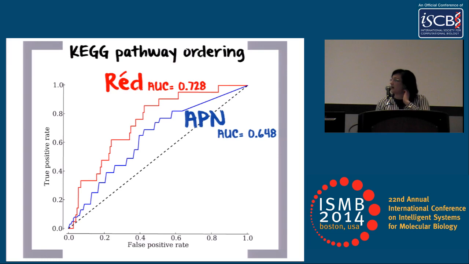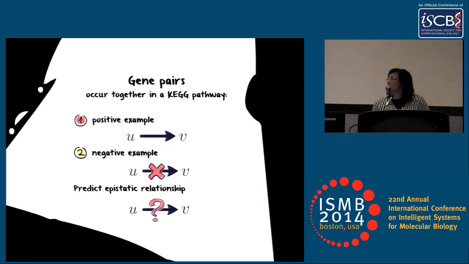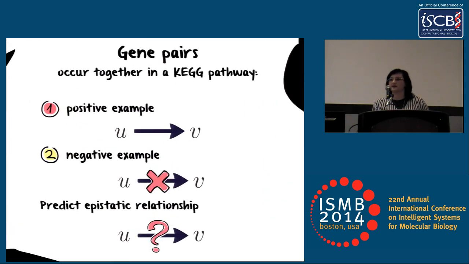The next experiment was to evaluate the quality of predicting the ordering of genes in KEGG pathways. Again, we relied on the data from Jonikos and the test data set that they proposed. They considered genes that participate in common KEGG pathways and constructed a positive data set as pairs of genes where one gene acts upstream of another, and the negative examples were constructed as pairs of genes where both genes are involved in a certain pathway, but one is not upstream of another.